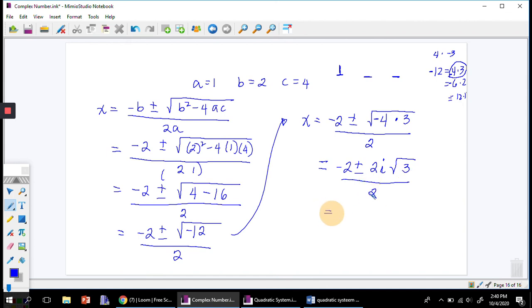Then I will divide each term of the numerator by the denominator 2, so that will be negative 2 over 2 plus minus 2i square root of 3 over 2. Negative 2 over 2 is negative 1, because 2 divided by 2 is 1. Plus minus 2 divided by 2 is 1, so 1i square root of 3.